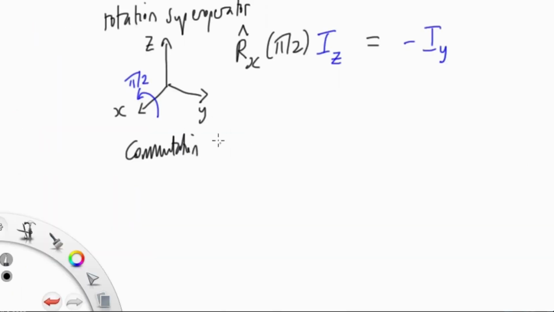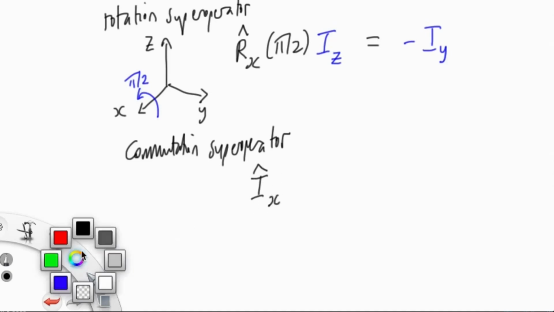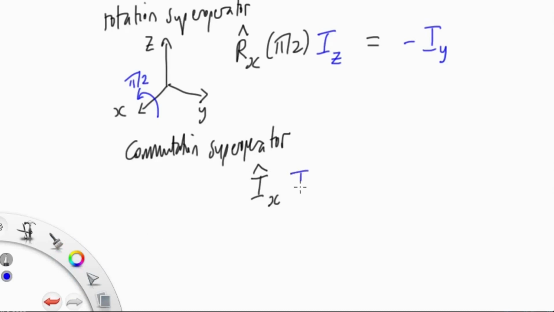Another type of superoperator which is commonly encountered is a commutation superoperator. If I write Ix but put a hat on top, what I mean is the commutation superoperator of the operator Ix, which when applied to another operator generates the commutator.